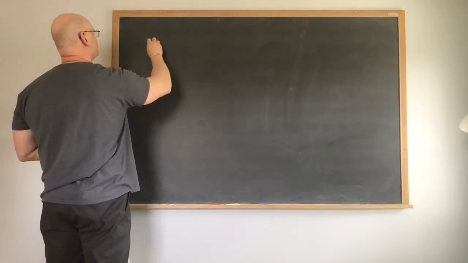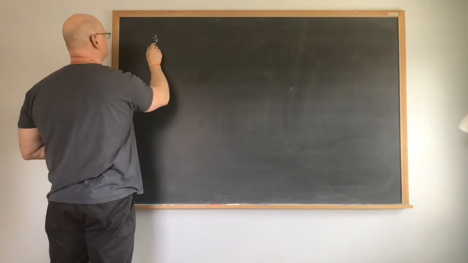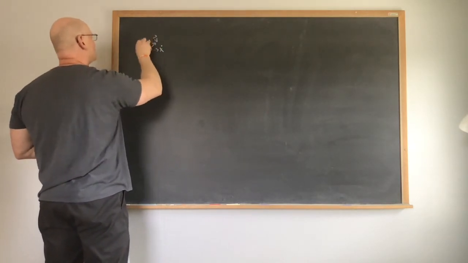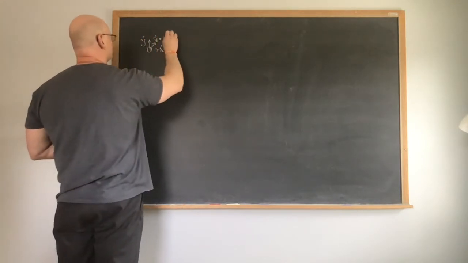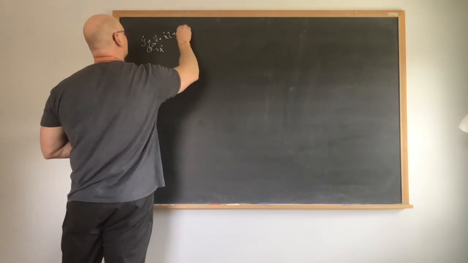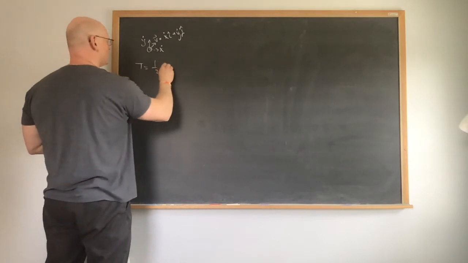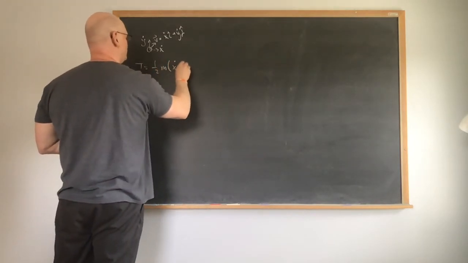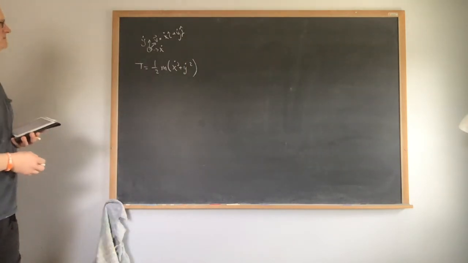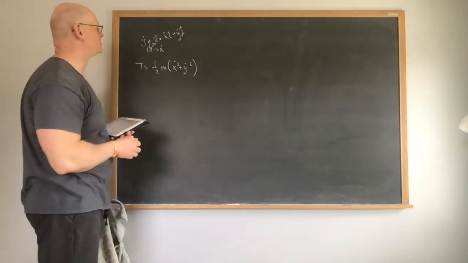So great. In this case, if we had an object moving something like this, with some initial velocity in this direction, it has a velocity x dot this way and a velocity y dot this way, which means v is equal to x dot in the i hat direction plus y dot in the j hat direction. So the kinetic energy is exactly the same as in the previous problem: 1/2 m times x dot squared plus y dot squared.